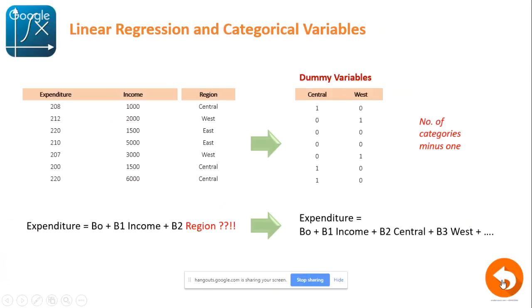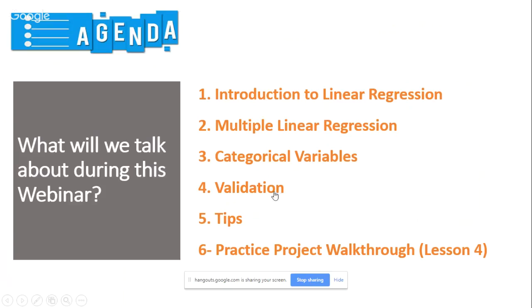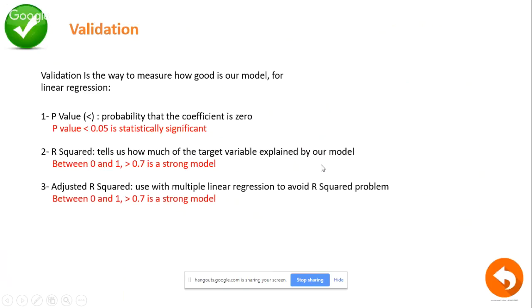Now, let's move on. How to validate a linear regression model. Okay, when we run our model, we will get some information about the model. There are 3 values we can check to know if our model is good enough or we can improve our model. The first value is p-value.